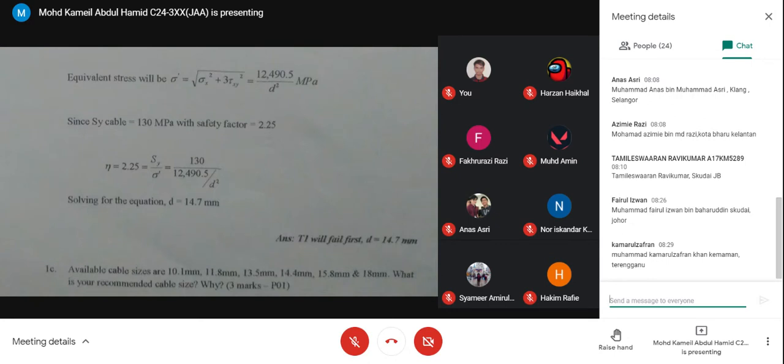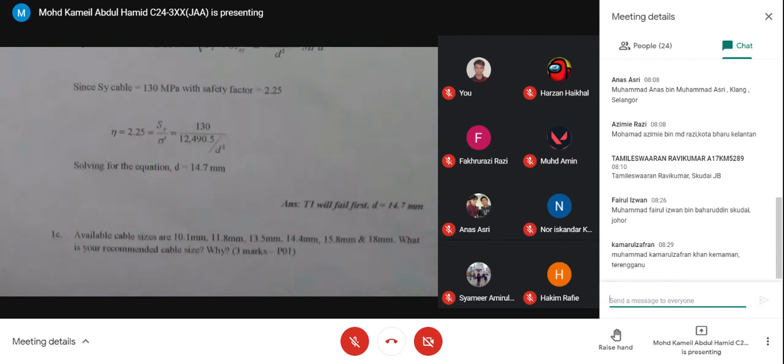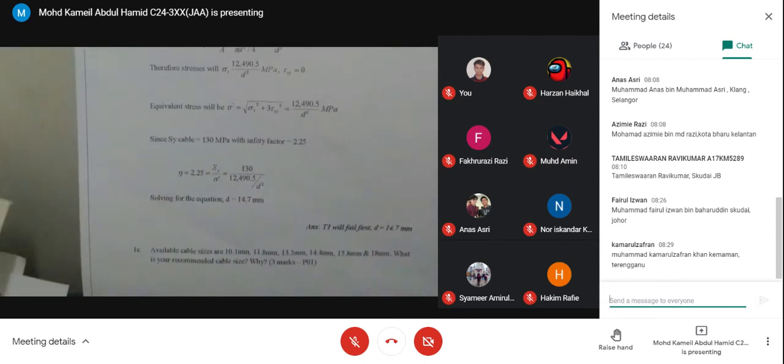So 15.8 should be selected because the minimum is 14.7. You cannot go smaller than that. So that is for question 1C.